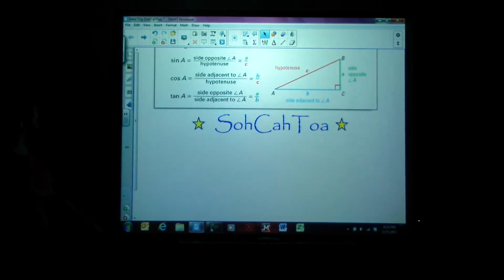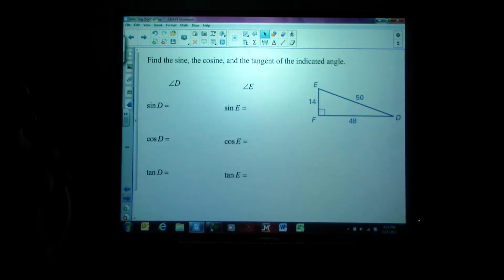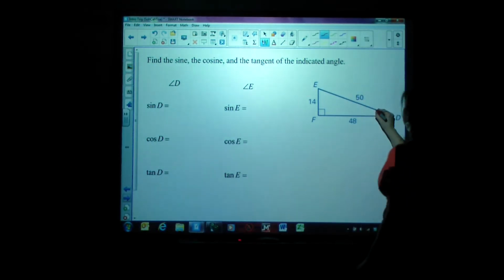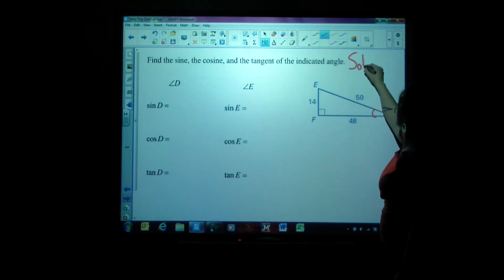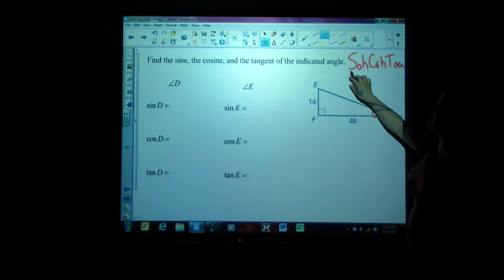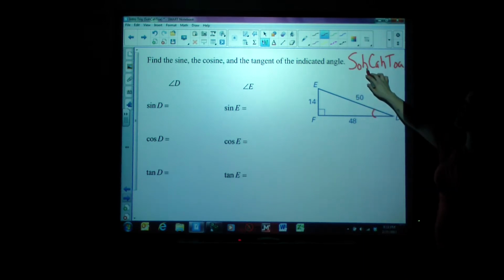Alright. Here we go. Find the sine, cosine, and tangent for the indicated angle. So in a right triangle, you actually have two acute angles that you could be finding these trigonometric ratios for. If we're asked to find sine, cosine, and tangent of both of those, let's see how they differ. Let's start with the sine of D. Here's angle D. Sine, if you remember, SohCahToa: sine is the opposite over the hypotenuse.